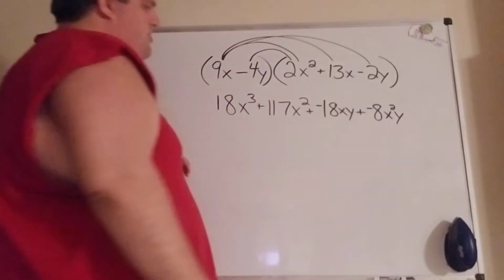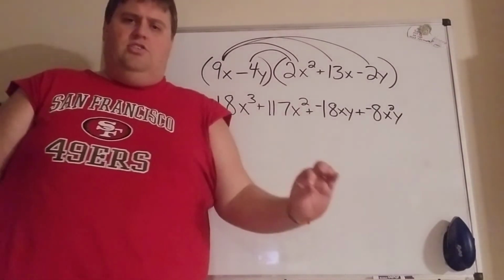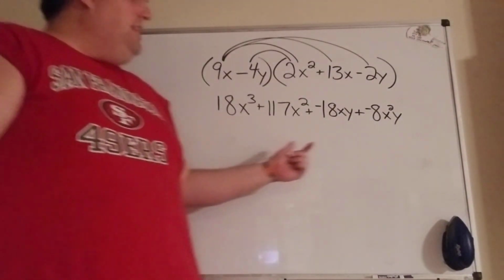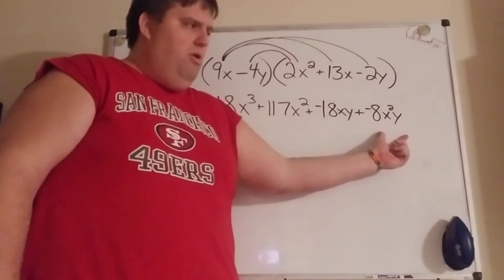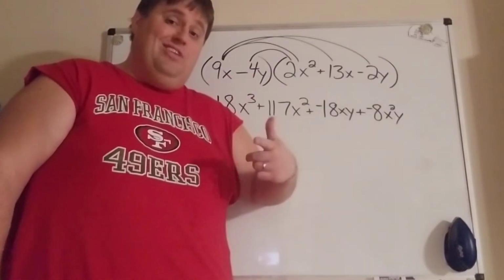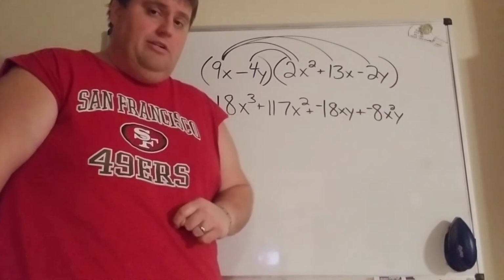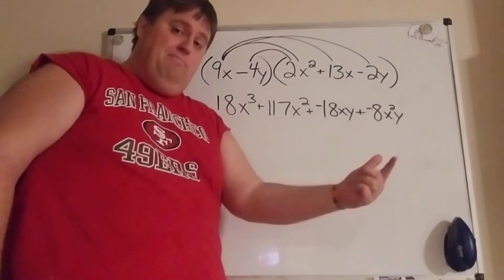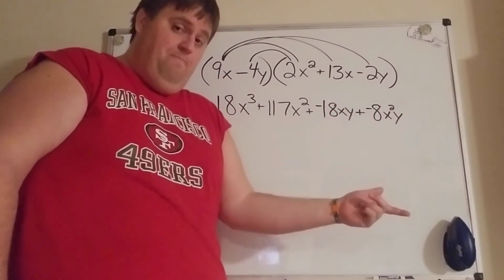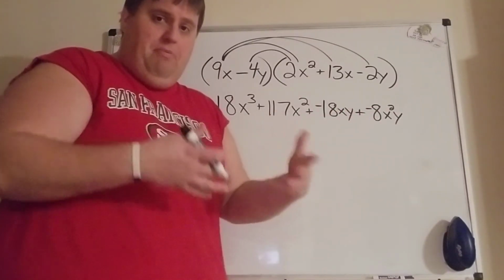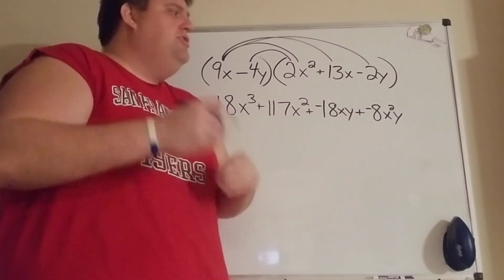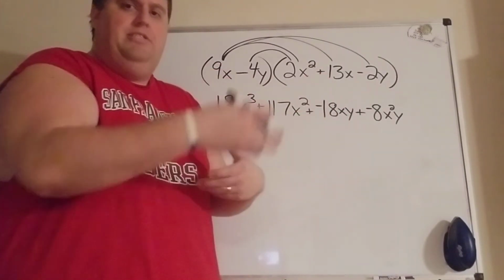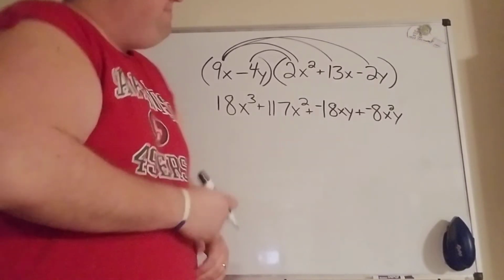Now this is just a suggestion, but when I have mixed variables like that, I always try to go alphabetical order when I write them down, because it's going to be easier to match them up when you add like terms. Because x squared y is the same thing as yx squared, right? Commutative property. It doesn't matter which order you write those. So I always try to write them in the order, x's first, y's second, z's last, that kind of stuff.